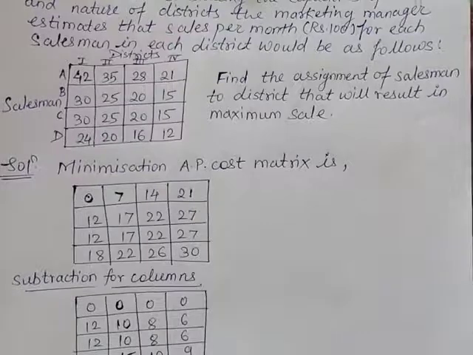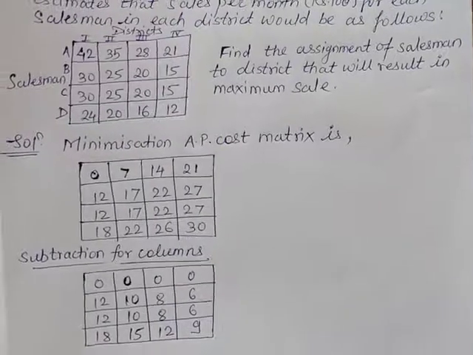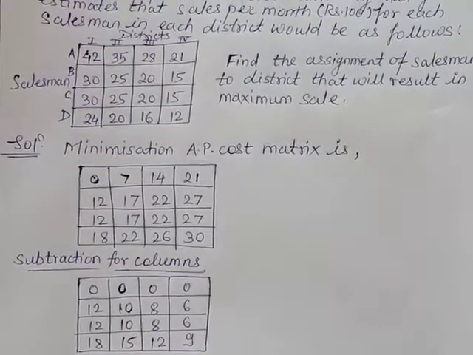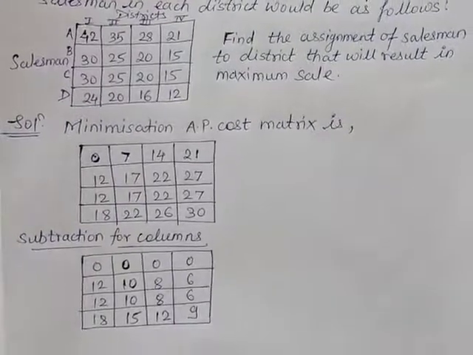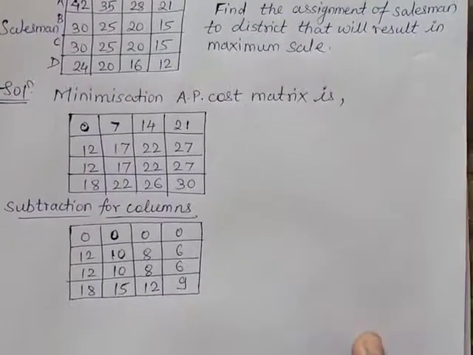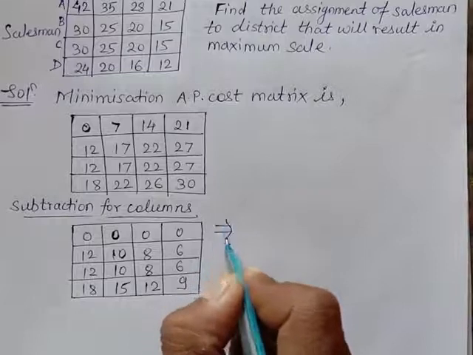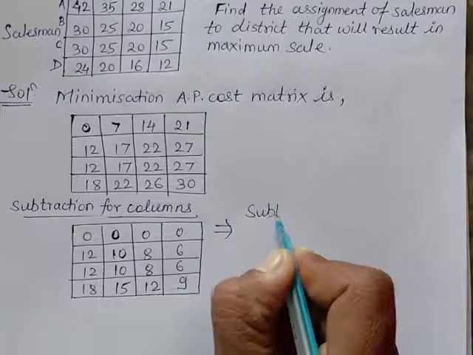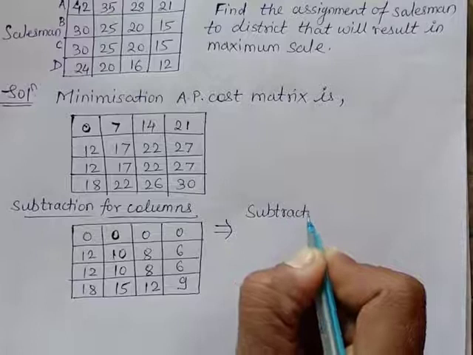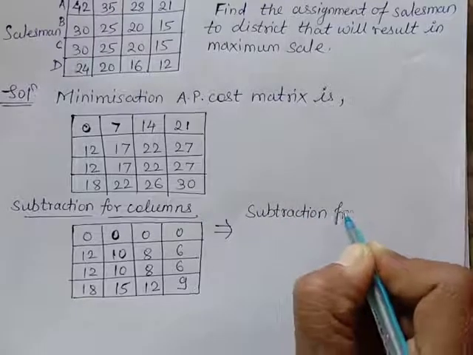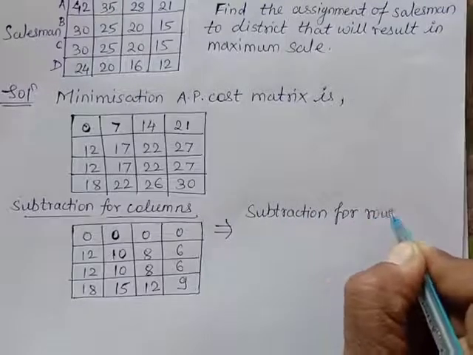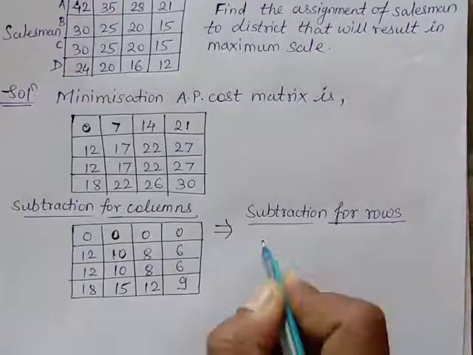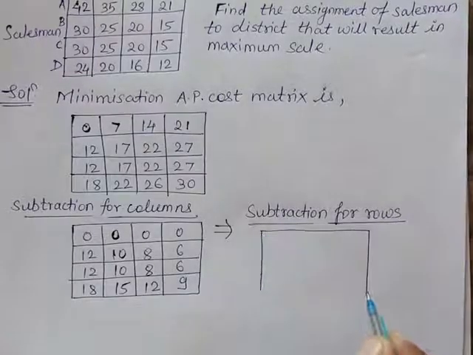Now this is not yet an initial basic feasible solution because the second, third and fourth rows don't have a 0. So we need to do subtraction for rows also. So from that we get the matrix.